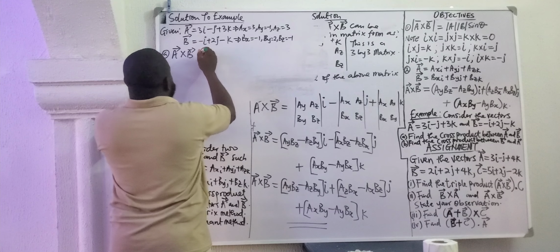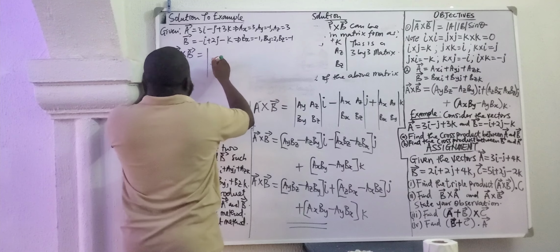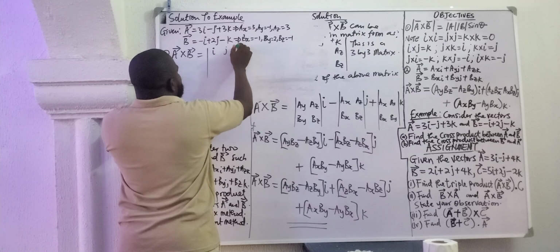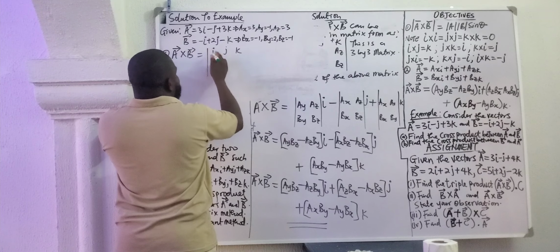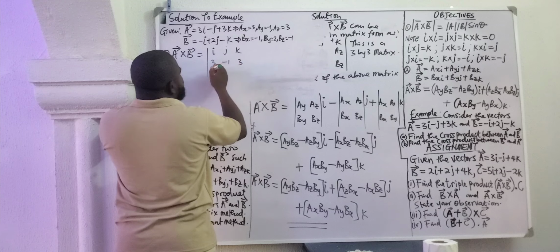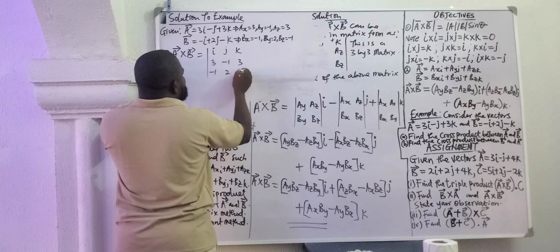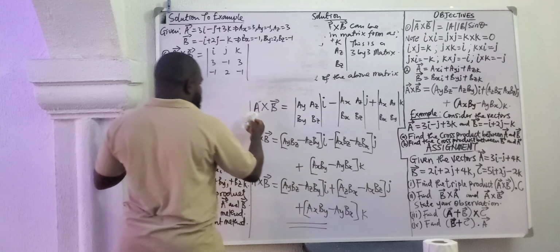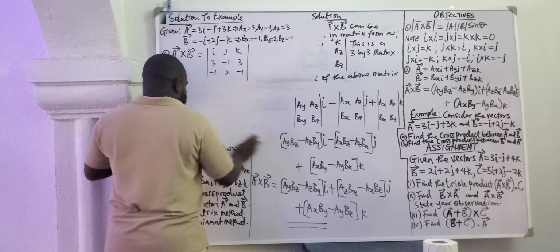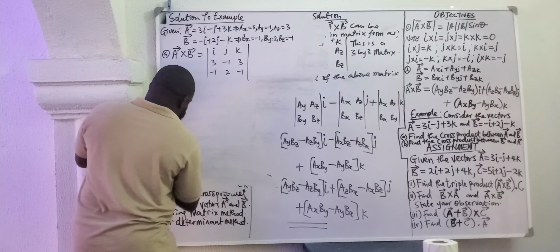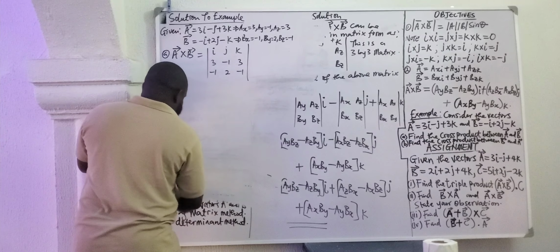Now we put it in the matrix form. We have the determinant of I, J, K, and then we have AX, which is 3, minus 1, 3. We have minus 1, 2, minus 1. So we're solving with the matrix form in this case. So we reduce it to what? 2 by 2 matrix.